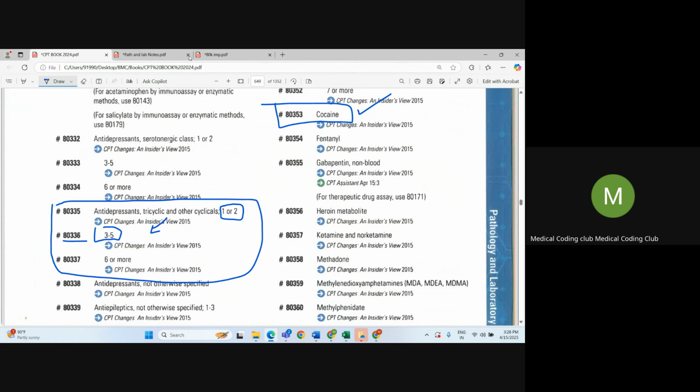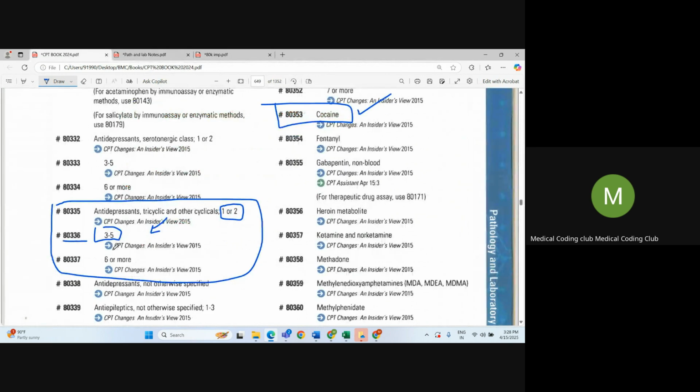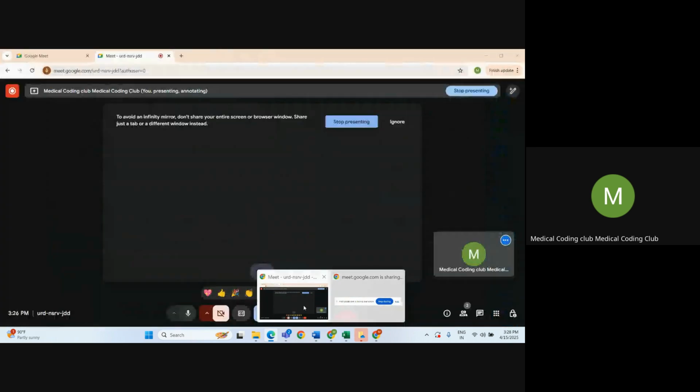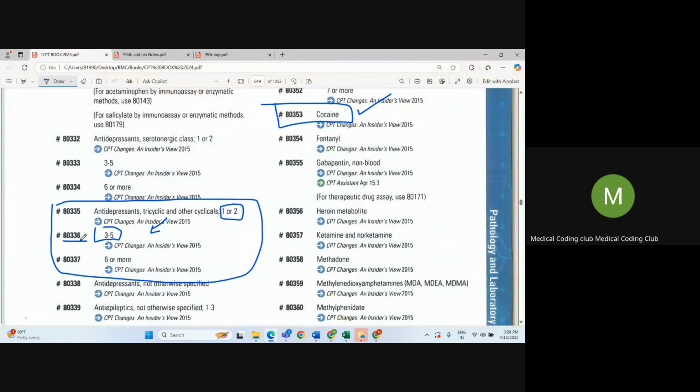So if you check the question, there are 3 drugs which belong to tricyclic antidepressants. So the correct answer should be 80336, which includes 3 to 5 drugs. So we will code 80336 as the correct answer.